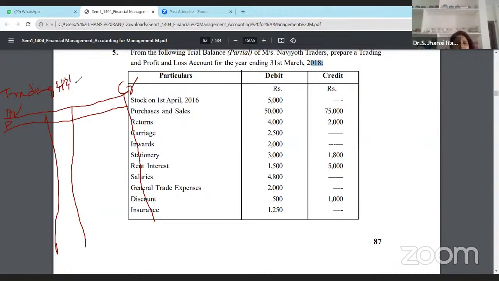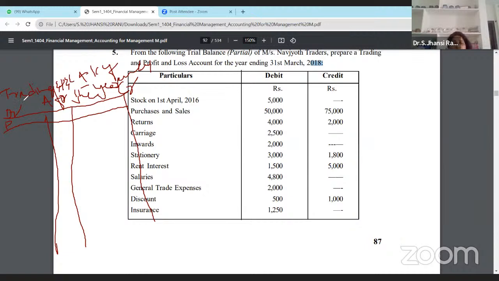Trading and profit and loss account of Alokji for the year ending 31st March 2018. This should be written. This is the format you have to write. If name is given, we write of Alokji. If name is not given, we will write just like this: trading and profit and loss account for the year ending 31st March 2018. That's it.